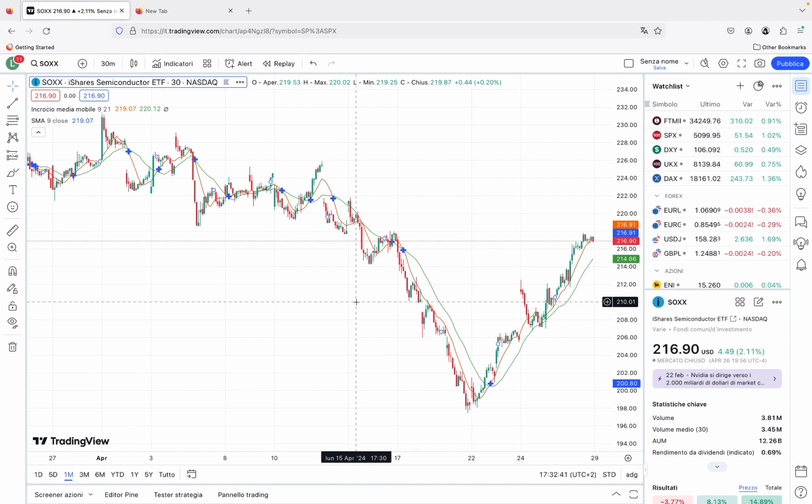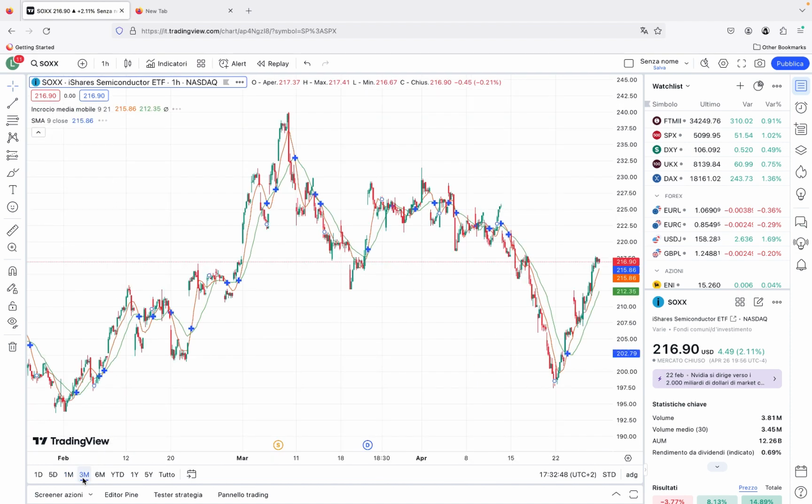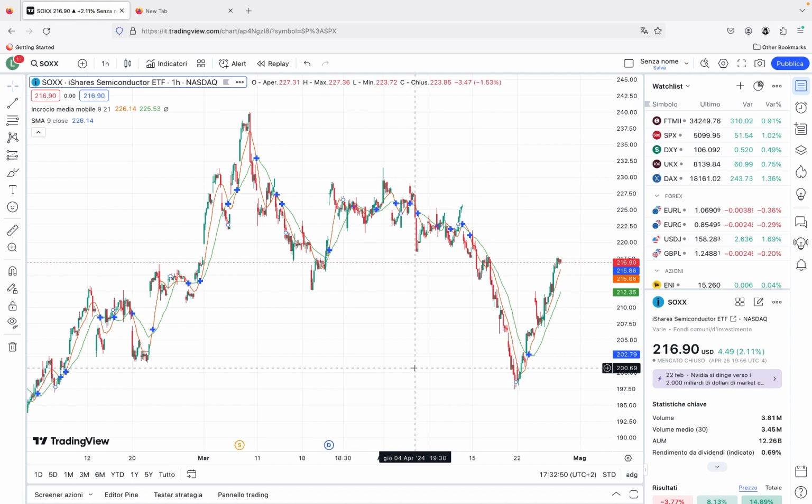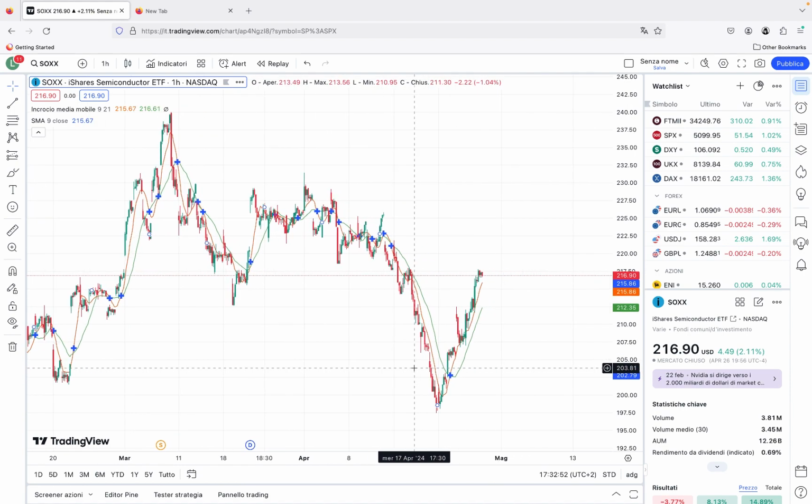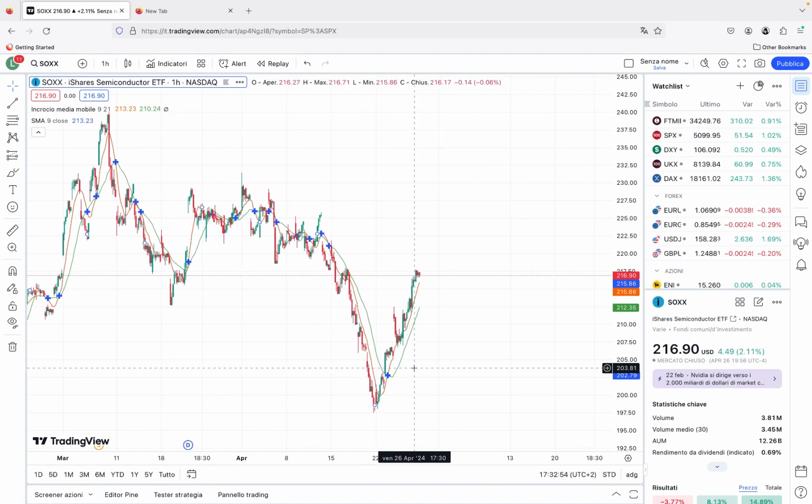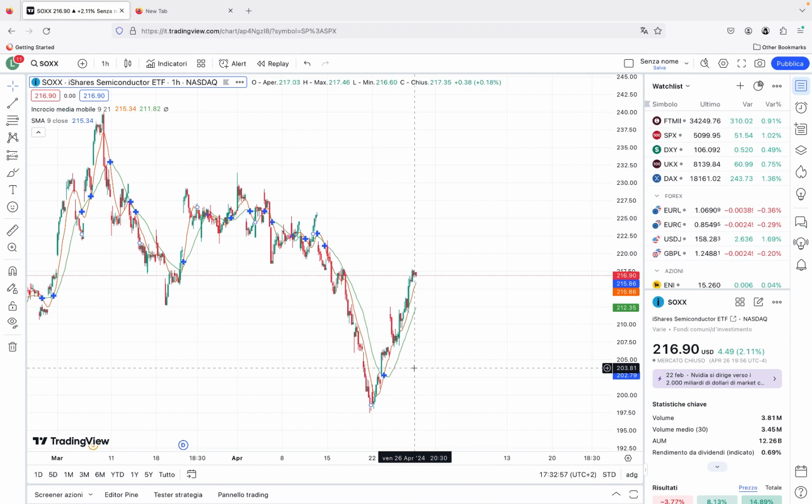Let's see the third and the last: sideways. Let's pretend this is another underlying, the last 6 months, just to show you.